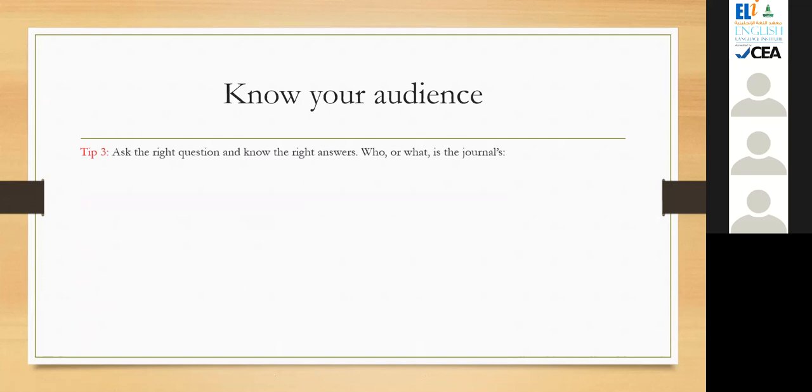Ask the right questions and know the right answers. Who or what is the journal's editor? You have to ask these questions to yourself. Who is the editor? Does this journal have an editor? Do they have an editorial board? That means they have a group of editors, maybe a main one.